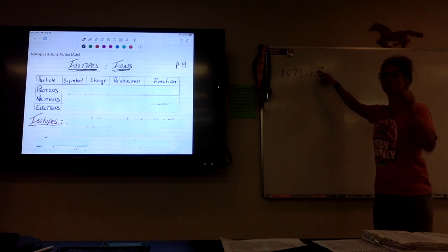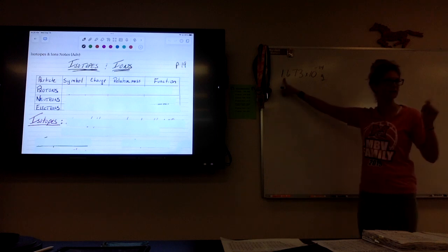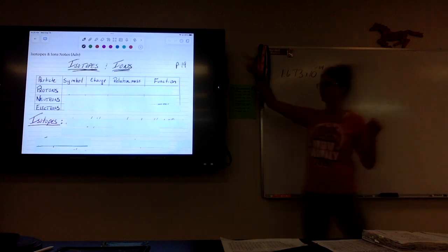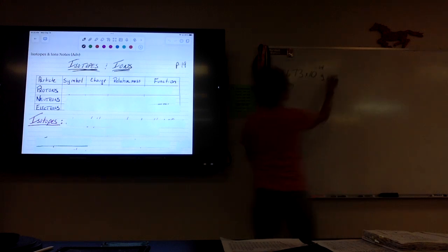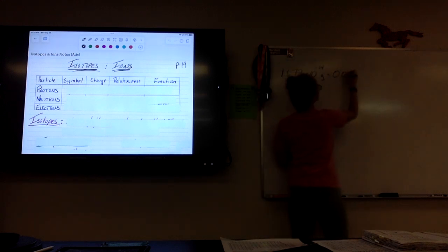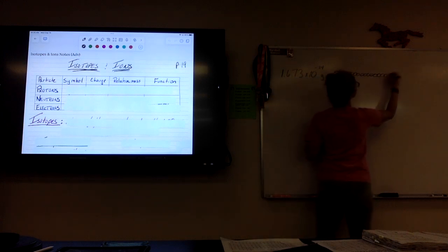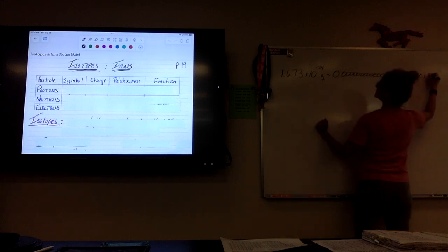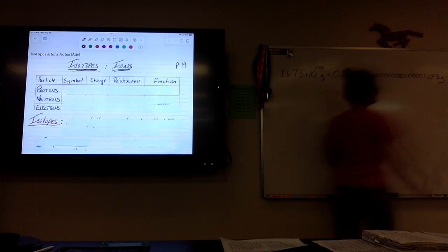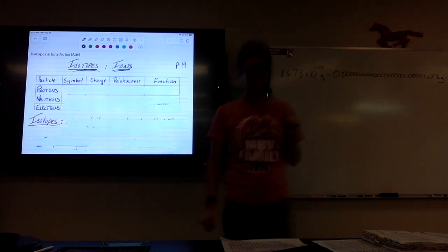Almost. You're close. It means that decimal point is not really there. Where is it? 24 spaces that way. And so this number is actually equal to 0.000...1.673 grams. That number's really small.